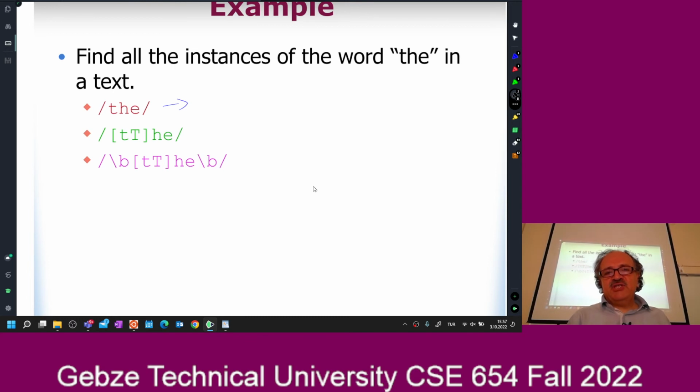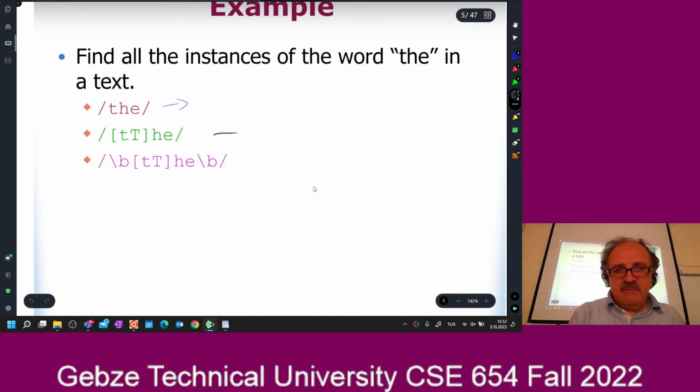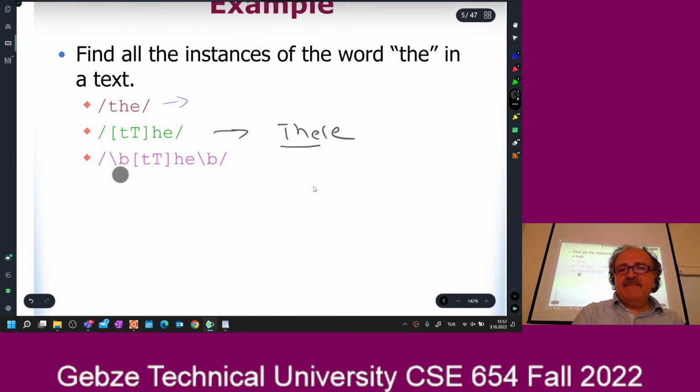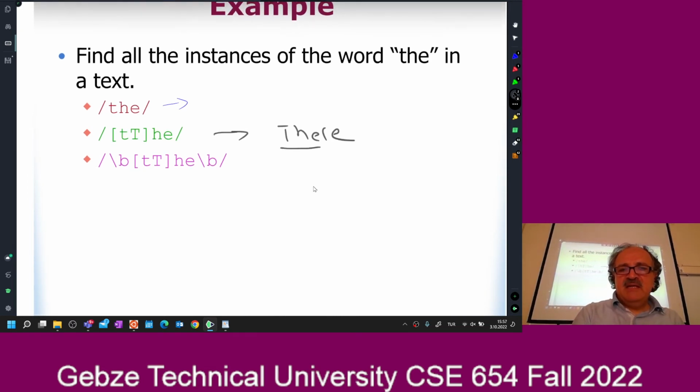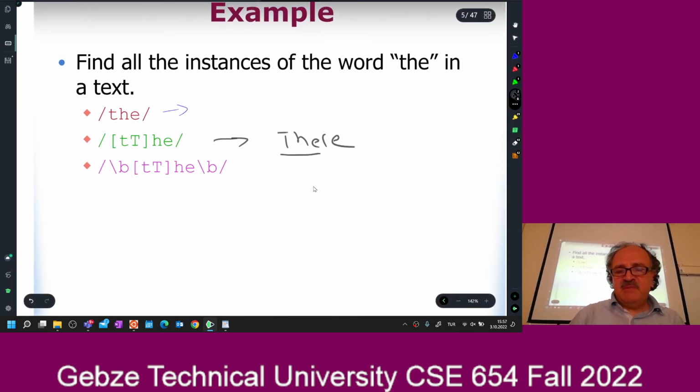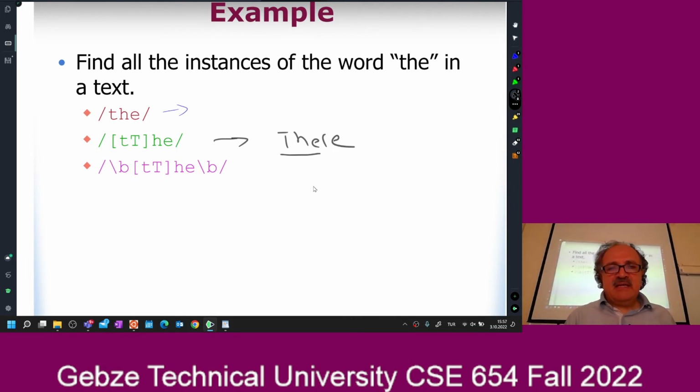But this will match this word right there, because there is a "the" in it. Then maybe I can do this, a white space, then another white space, okay. In that case, it's going to match whatever we want.